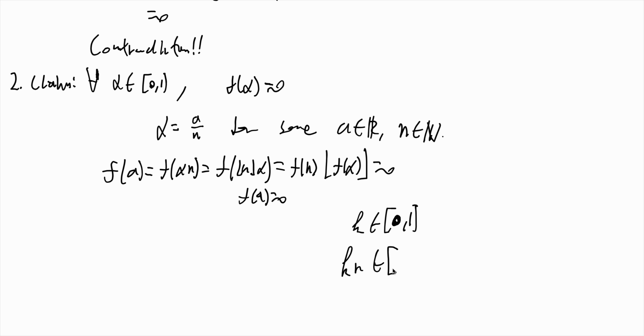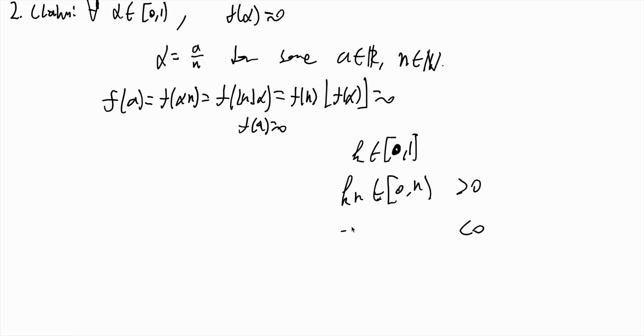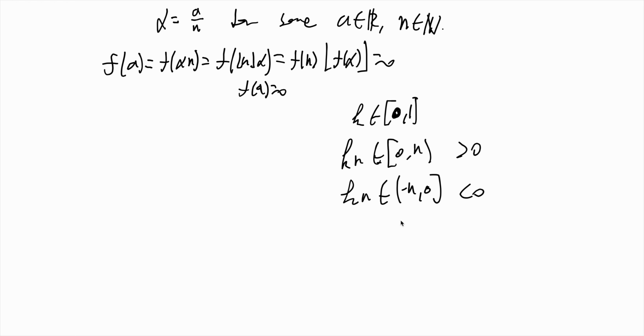Then obviously this is in this interval for n greater than 0, or negative n, and this tells us that k times n is always in this interval.